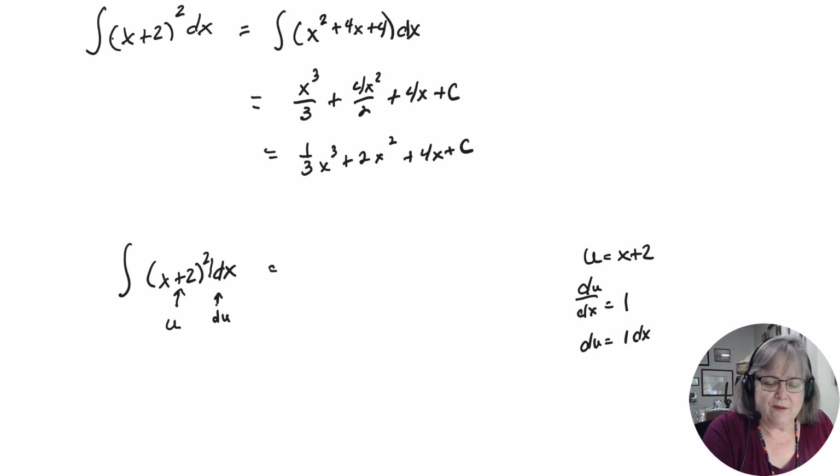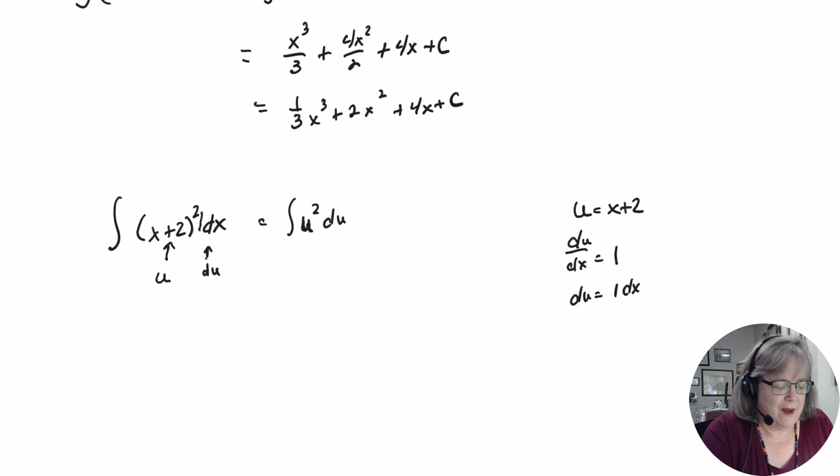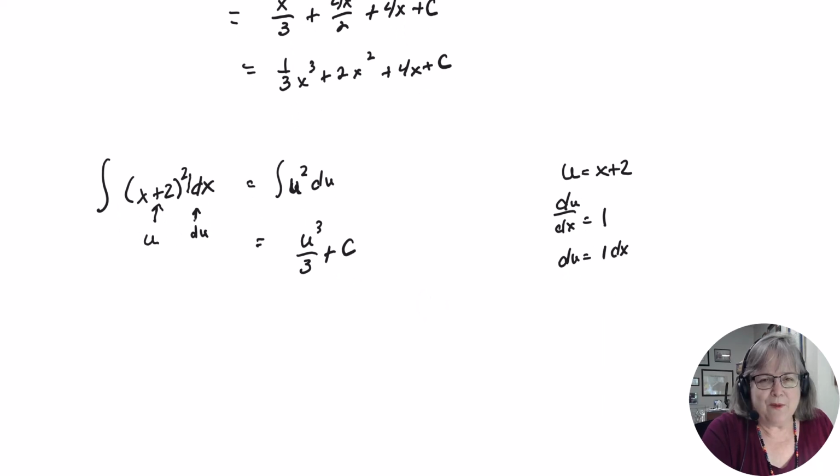So this is of the form u squared du, which, if you think of a u as just a variable like an x, I don't have to do the chain rule on that. So to do this, you would add 1 to the power, divide by the new power, plus c. And then go, well, wait, it wasn't really a u originally, it was an x plus 2.